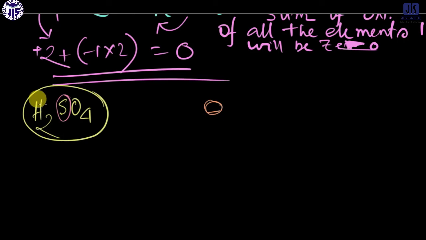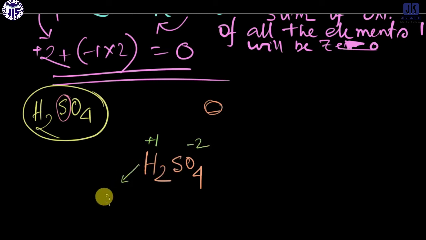Now if I write down H2SO4, first of all, for hydrogen it is +1, oxygen -2, so total here +2, and total here -8.